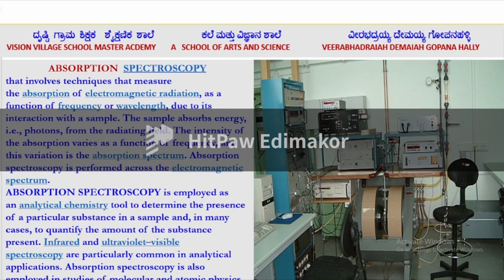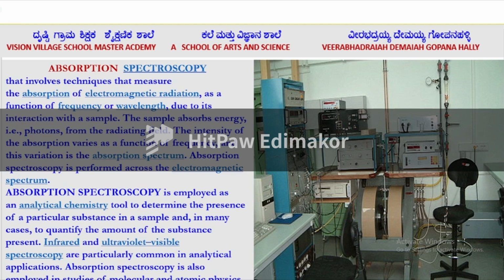Now, I would like to divert your attention towards the extraordinary and sophisticated instruments in spectroscopy: absorption spectroscopy and emission spectroscopy. Well friends, absorption spectroscopy involves techniques that measure the absorption of electromagnetic radiation as a function of frequency or wavelength, due to its interaction with a sample. The sample absorbs energy, photons from the radiating field.